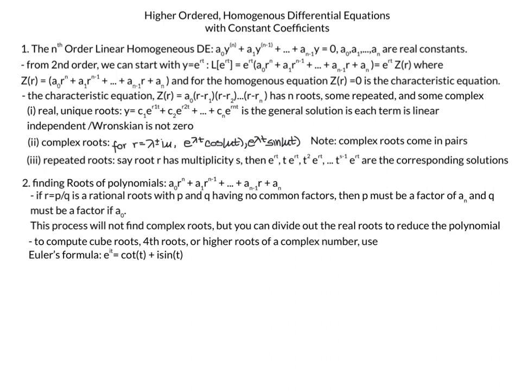That will give you some possibilities to try out. As a note, this process will not find complex roots, but if you can divide out the real roots, you can reduce the polynomial, and then hopefully it's easier to work with.